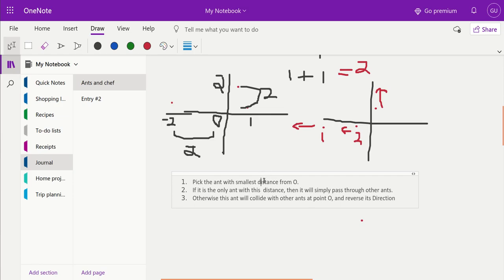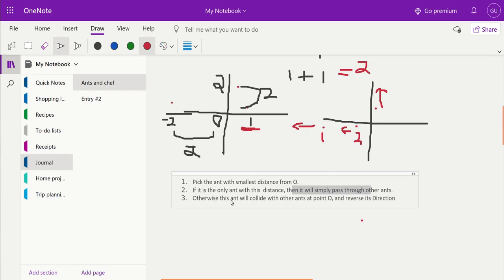So we have to sort the ants according to their distance from point O. And if it is the only ant, which means there is only one ant with this distance, then it will simply pass through other ants. Like in this case, there was only one ant here which had a distance of 1 from point O, so it simply passes through the other ants which are in front of it. So there was only one ant in front of it, so there was only one collision.